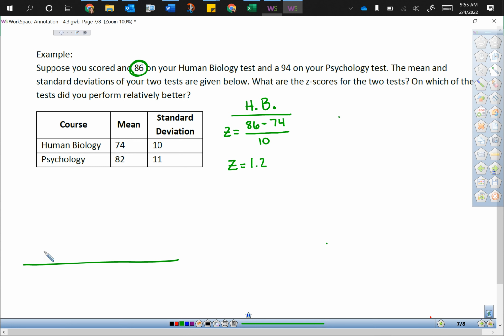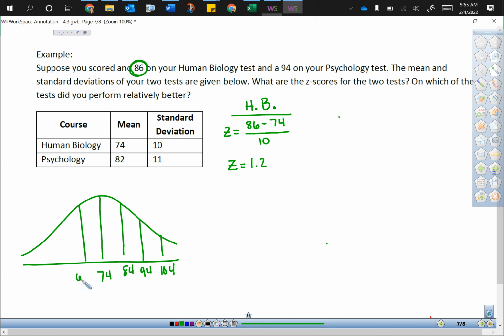We had our bell curve here with a mean of 74, and this would be 84, 94, 104, 64, 54, and 44. When you have a z-score of 1.2, does that mean you are above the class average or below the class average? Above, because it's positive.